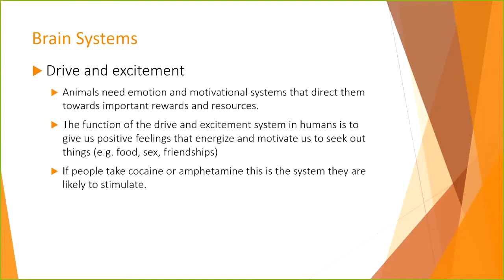And this is a calming, rewarding interaction. The function of the drive and excitement system in humans is to give us positive feelings that energize and motivate us to seek out the basic things for survival. Think about that Maslowian hierarchy: food, sex, and friendships. We need to have our biological needs met, and to a certain extent, our relational needs met.